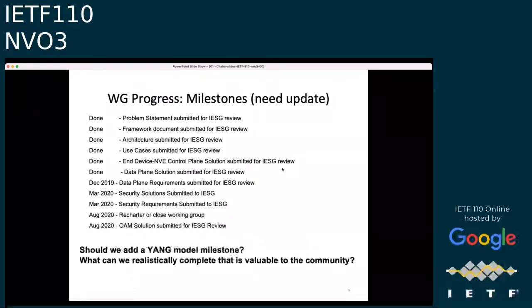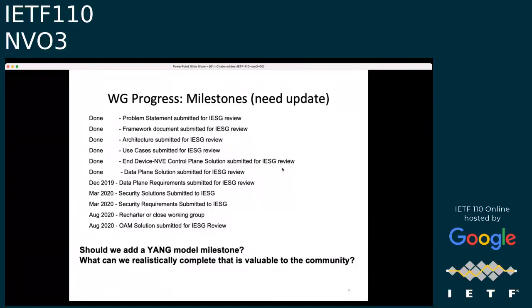Now, currently we have some OAM drafts in progress. We have a data plane encapsulation, which has been published. We have a whole set of other RFCs related to the framework and architecture of NVO3 that have been published. And we have some Yang models in progress.